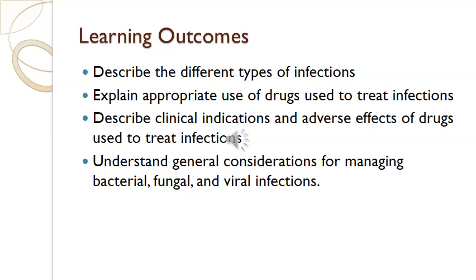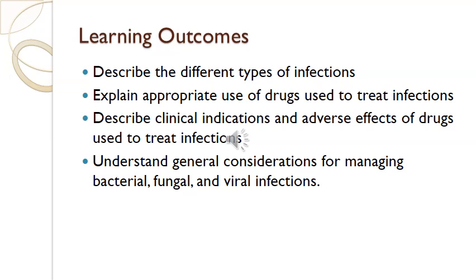And these are your learning outcomes. There was a lot discussed in this section. We talked a lot about the different types of infections and the drugs. Be able to recognize the different types of drugs, and within antibiotics, be able to differentiate between penicillins and cephalosporins and the other types of antibiotics we talked about, and some of the particulars towards them.